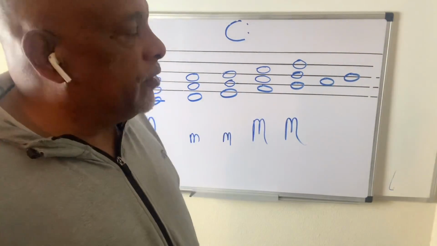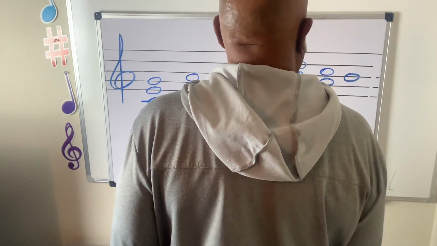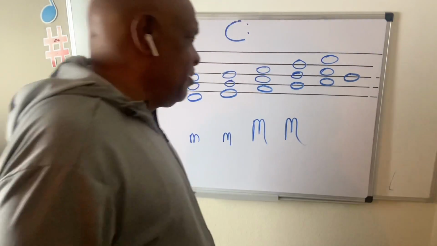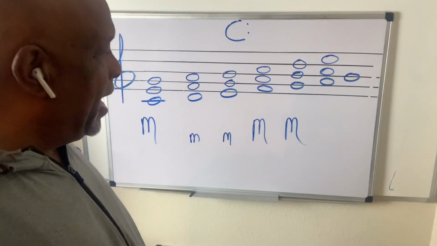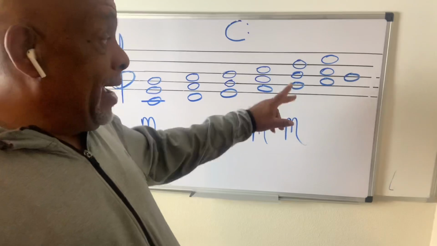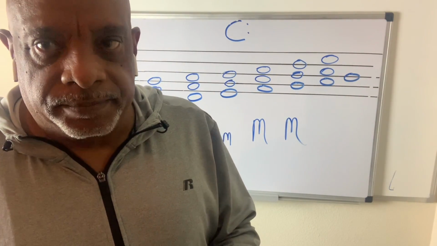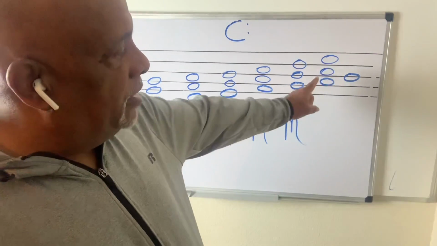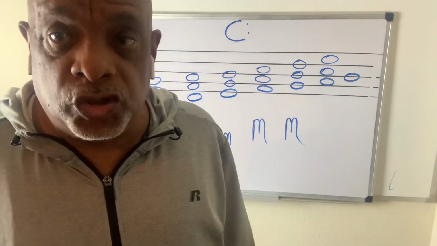The sixth degree, the third up from A is C, and the third up from C is E. Now, in order to determine whether this is major or minor, we need to go to the A major scale. So that's going to be A, C sharp, E. Okay? In this case, the C is not sharp.